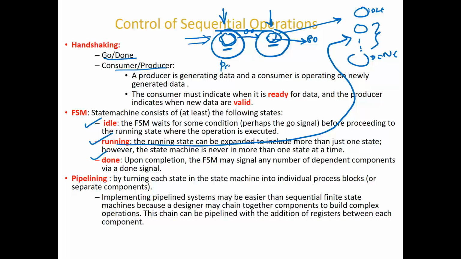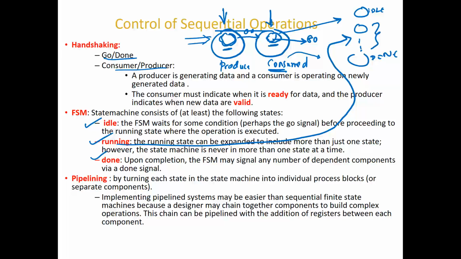So this hardcore produces data which is consumed by this hardcore, and similarly this hardcore will produce data which is consumed by the next hardcore. These types of handshakes are very simple, but they have to be there to manage the communication or the handshaking between hardcores.